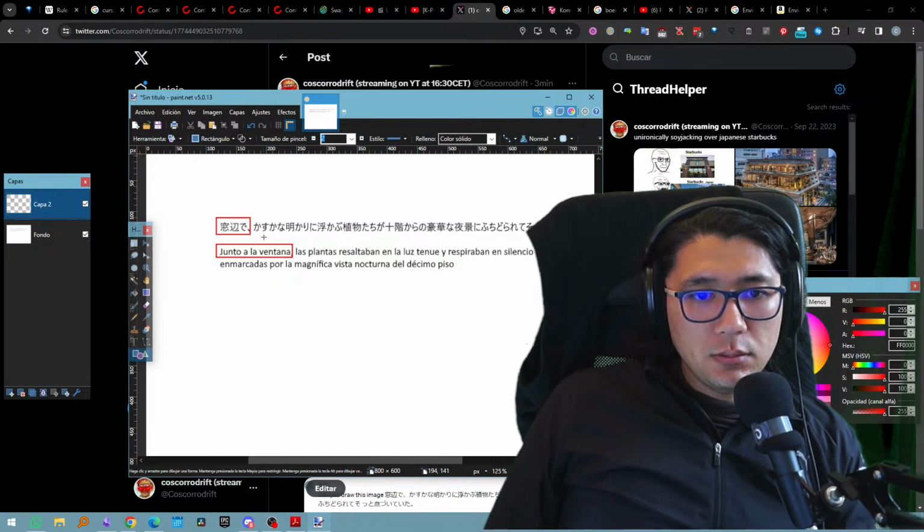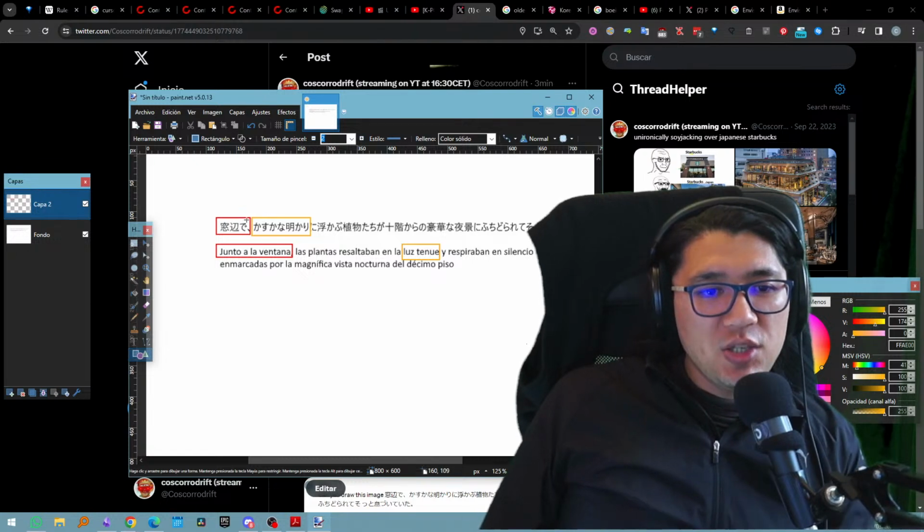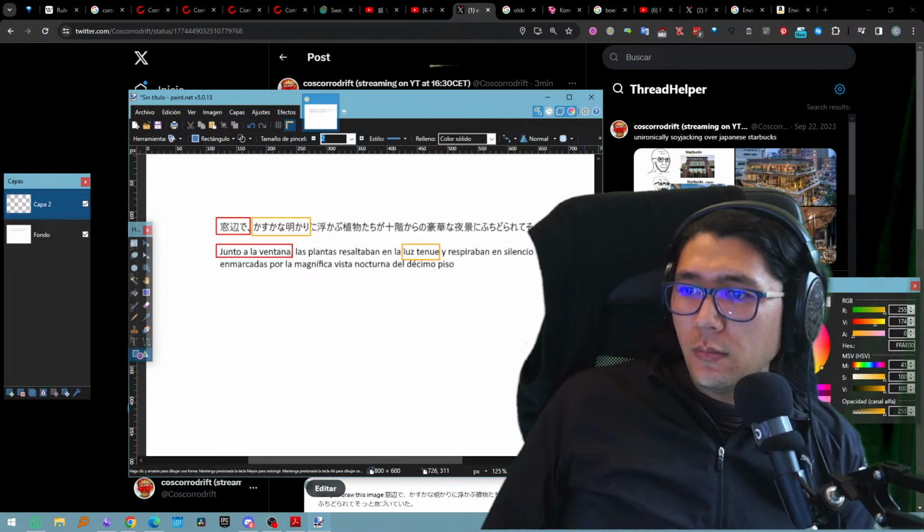Kasukana. This means luz tenue. Kasukana akari. See, now the image generation thing would start generating the light. This is what I mean.